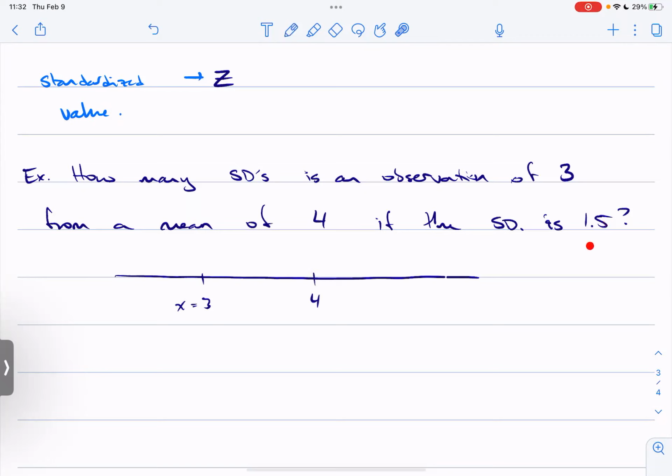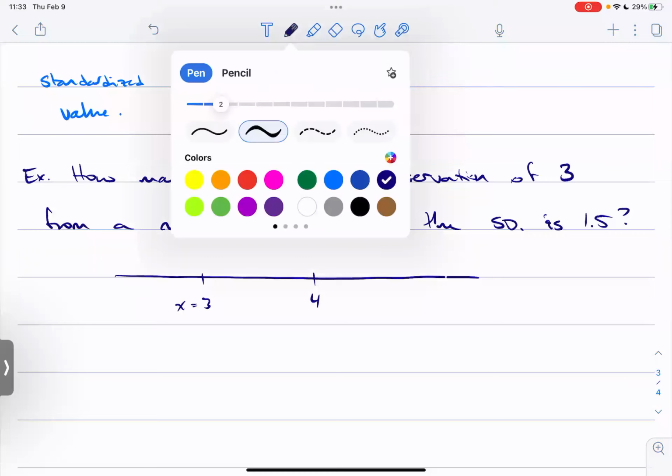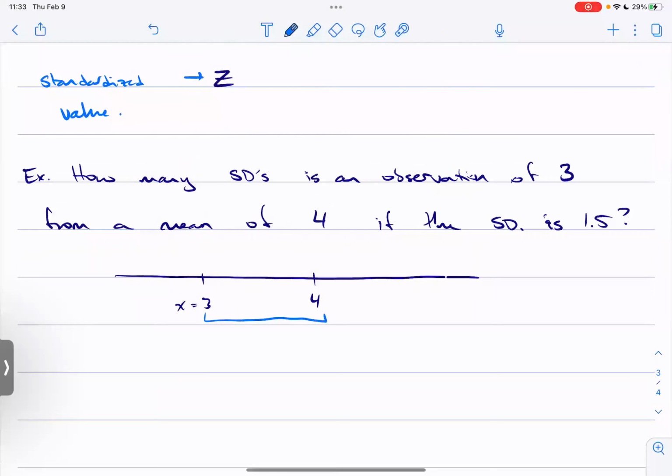The distance between them is 1. We are standardizing, so what we do is find that distance, a distance of 1.